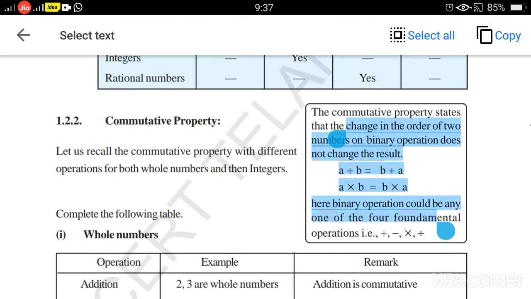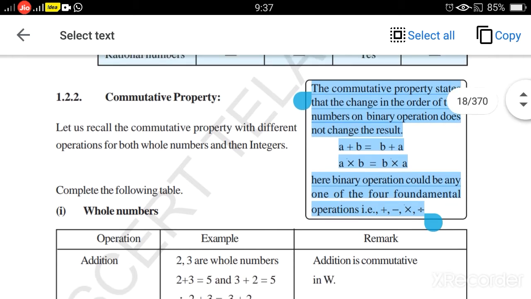So I read this here. Thus the commutative property states that the change in the order of two numbers on a binary operation does not change the result.